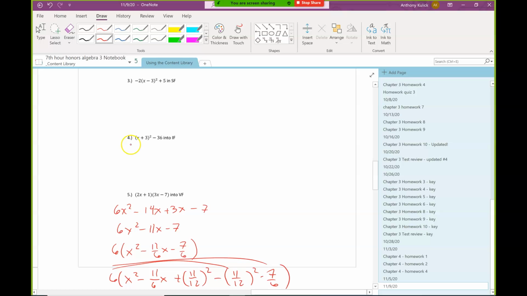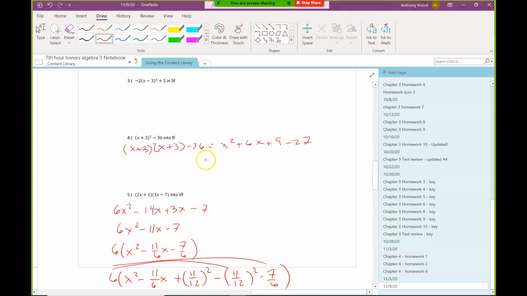All right, so I'm going to start by putting this into standard form. So we're going to have to FOIL this out. Amy, is it okay if I just do this to FOIL it out? Like I don't write out all the FOILing stuff, I just write the final. Okay.